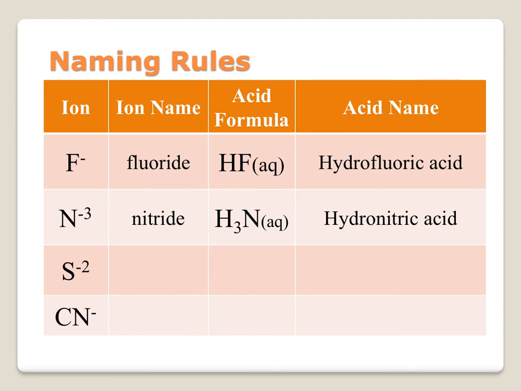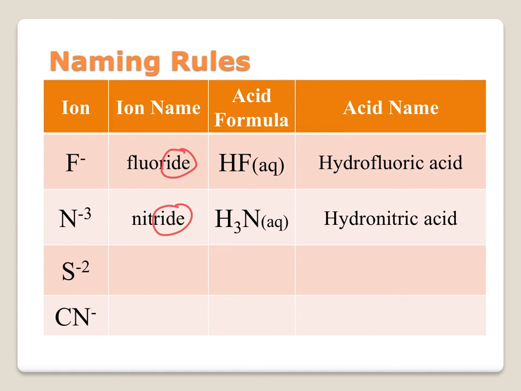So the first naming rule is if the anion name has "ide" in it, and remember all of those negative ions actually have a slight name change with "ide." Fluorine becomes fluoride, chlorine, chloride, oxygen, oxide, nitrogen, nitride.